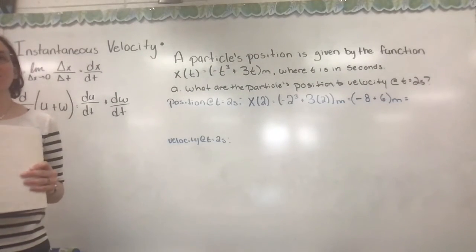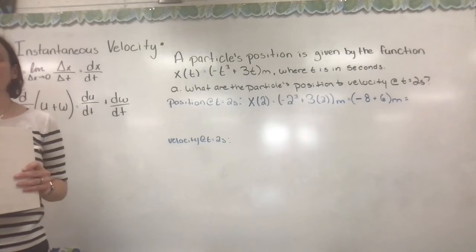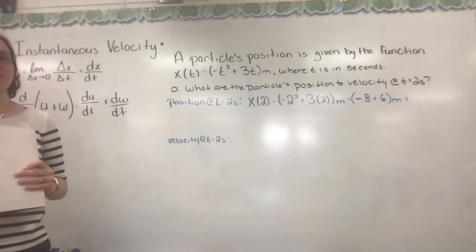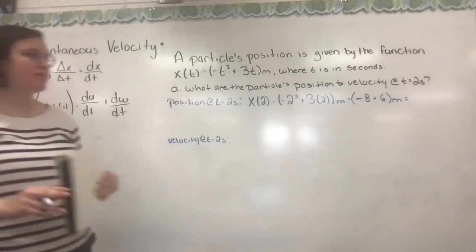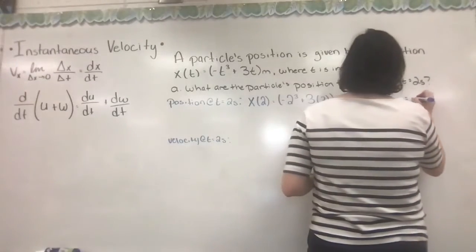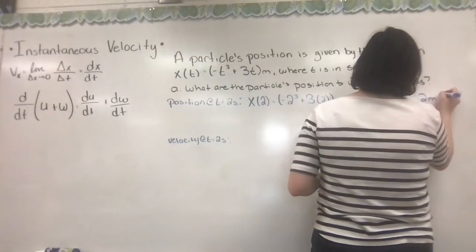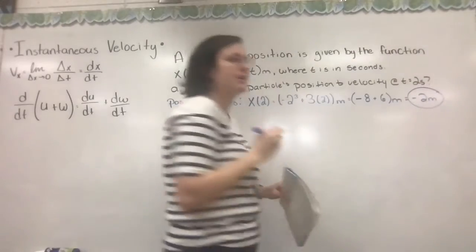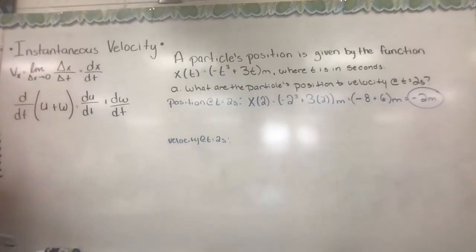All right, is negative 2 cubed negative 8? Yes, and then 3 times 2 is 6. So what's negative 8 plus 6, you guys? Negative 2 meters, okay? So that would be its position at 2 seconds.